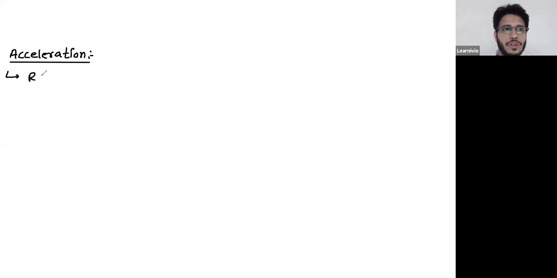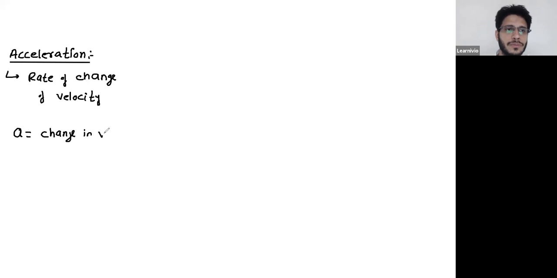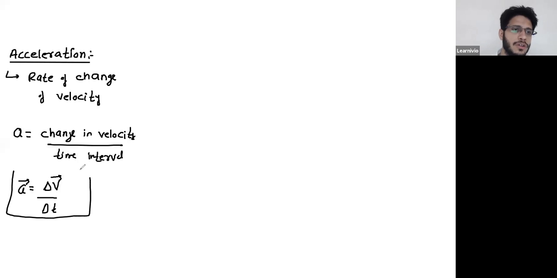Acceleration is simply the rate of change of velocity. So you can write that acceleration is change in velocity over time, or delta V over delta T. Just like velocity, acceleration is a vector.